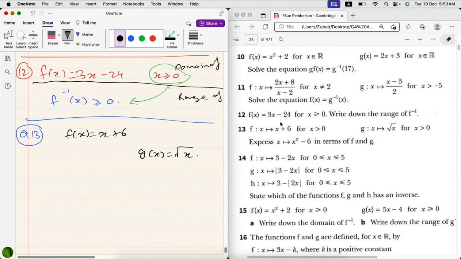Express x square minus 6 in the form f and g. Okay. Minus 6.